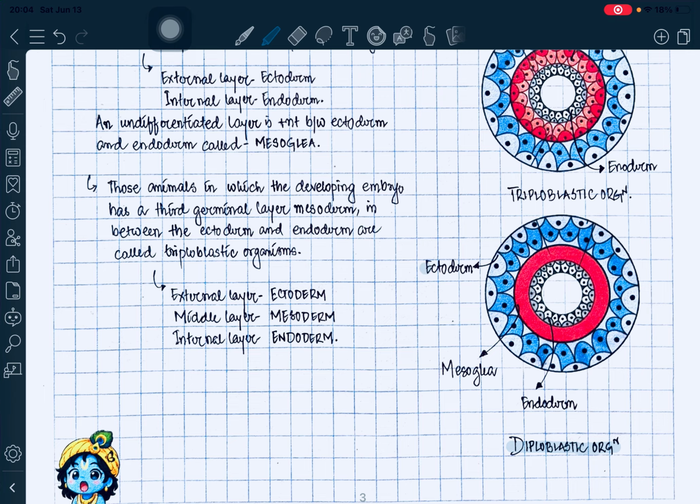They have an external layer called ectoderm, and an internal layer that is called endoderm. So ectoderm is our outer layer, and endoderm is our inner layer.